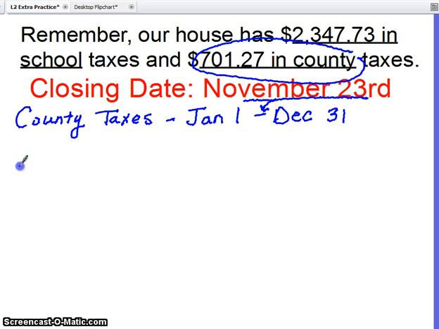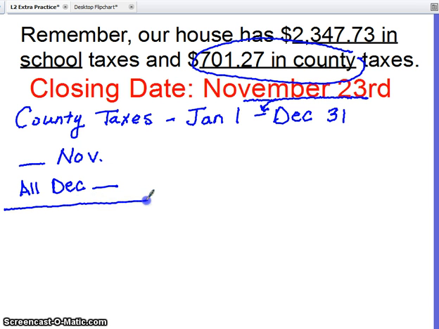So if we look at our closing date, we're going to own the house some of November and all of December. And that's where the county tax year ends, so we do not need to continue listing months.